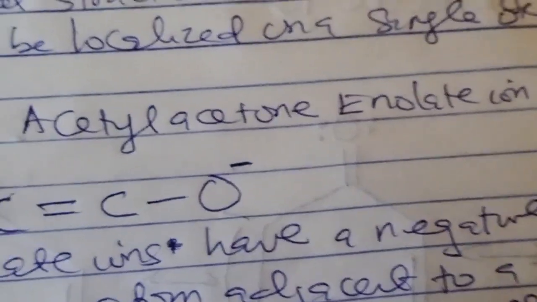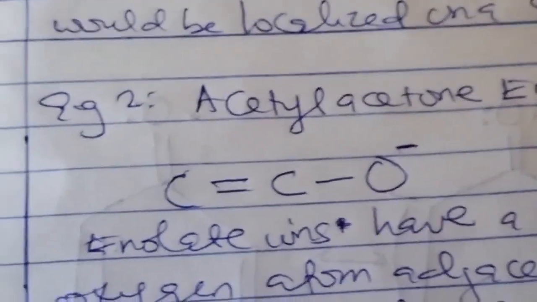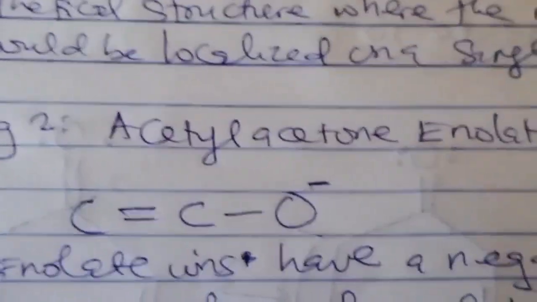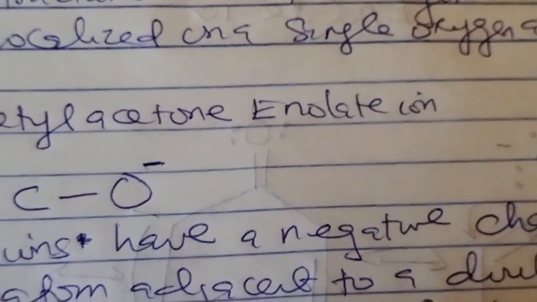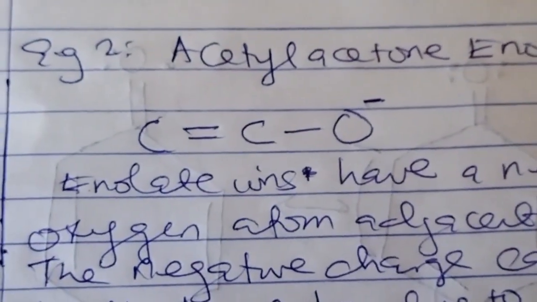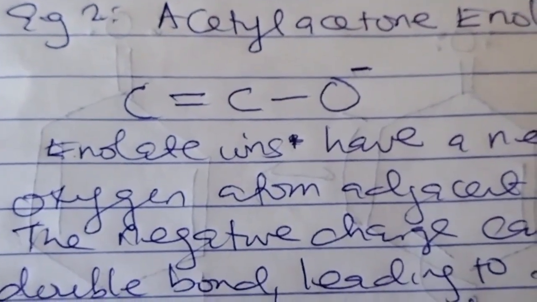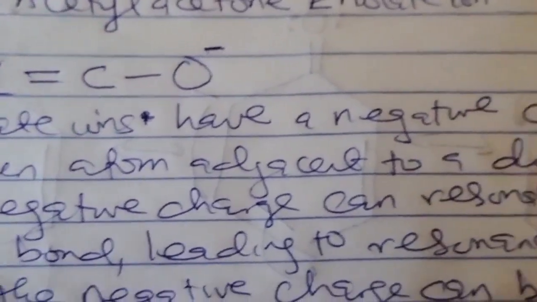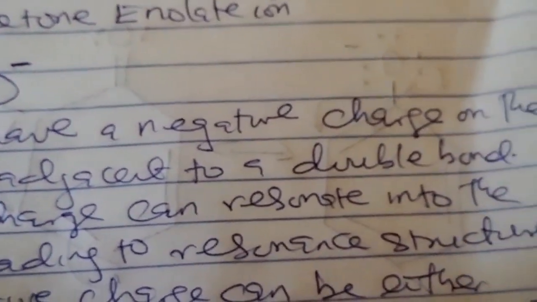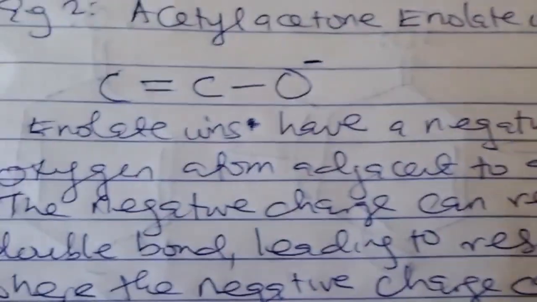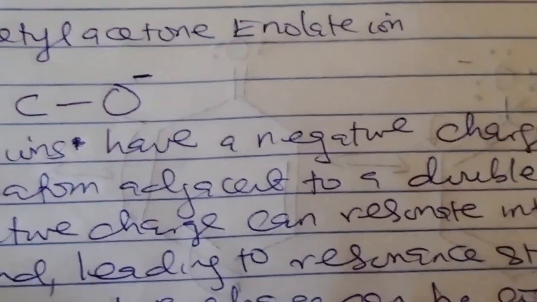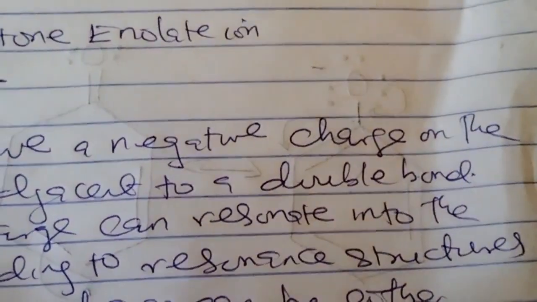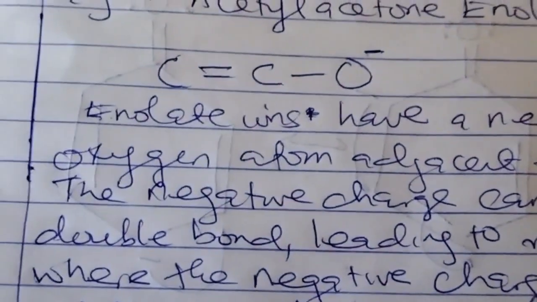So let's take the next example. Example 2 is acetone, otherwise known as the enolate ion. Look at the enolate ion. Enolate ions have a negative charge on the oxygen atom adjacent to a double bond.